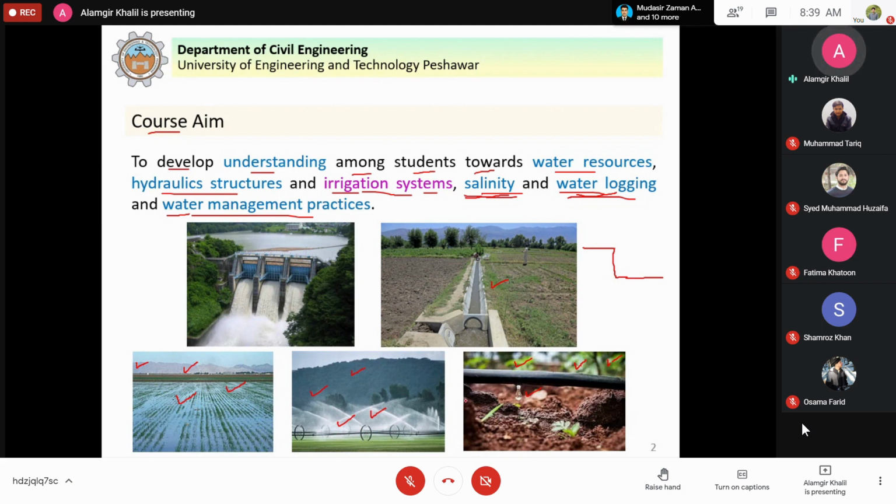So this could be a reason, because to operate these systems you also need skilled labor. The farmers need to be trained. So this could be the reason why in Pakistan we are using conventional methods of irrigation.